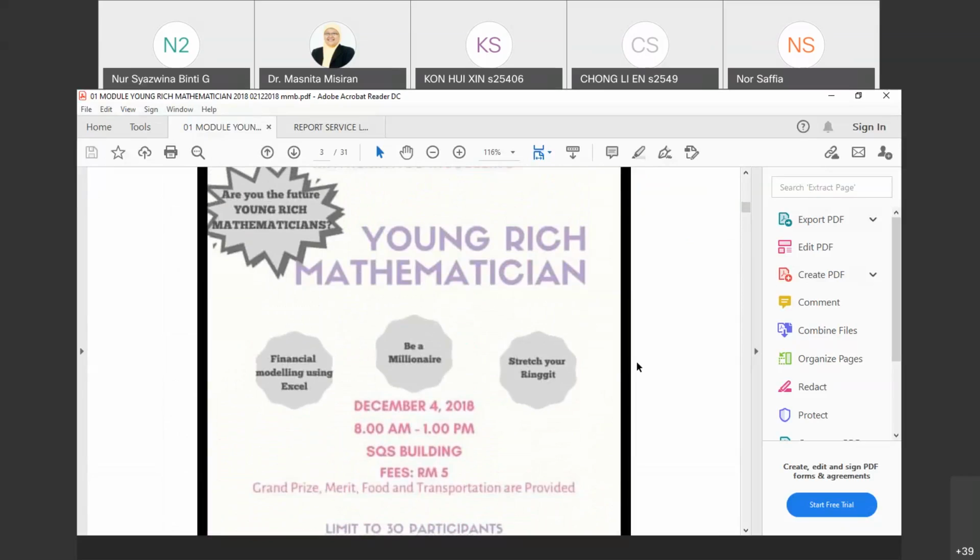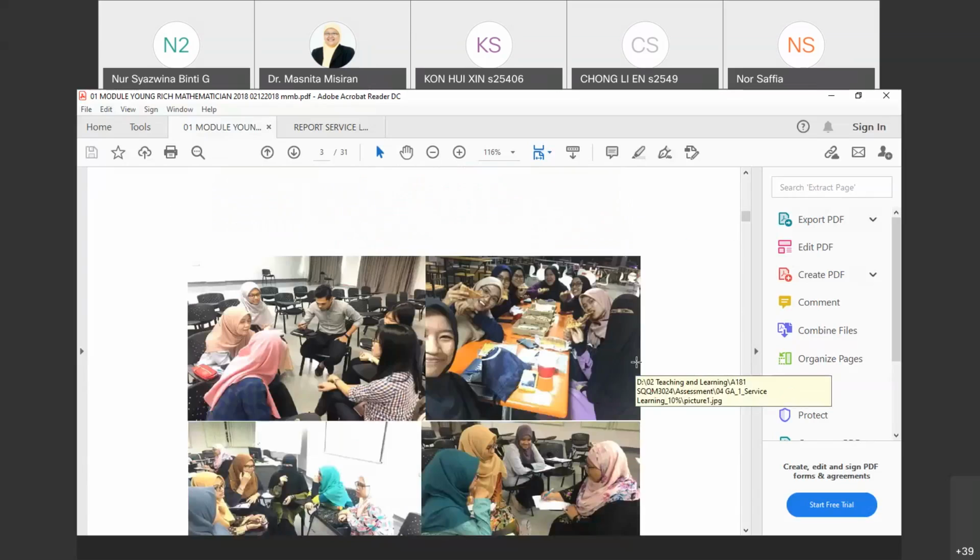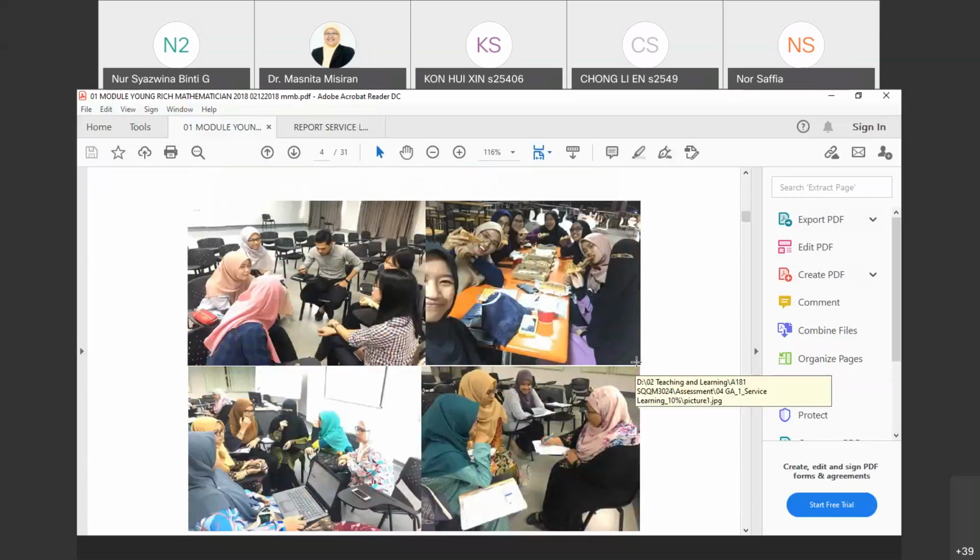Tapi your case, you tak payahlah buat flyer-flyer ni, kan. You just identify orang yang you nak focus in tu je. Alright. Okay, the documentation is very important. Jadi nanti saya akan share later nanti, masa kita bercakap tentang report.